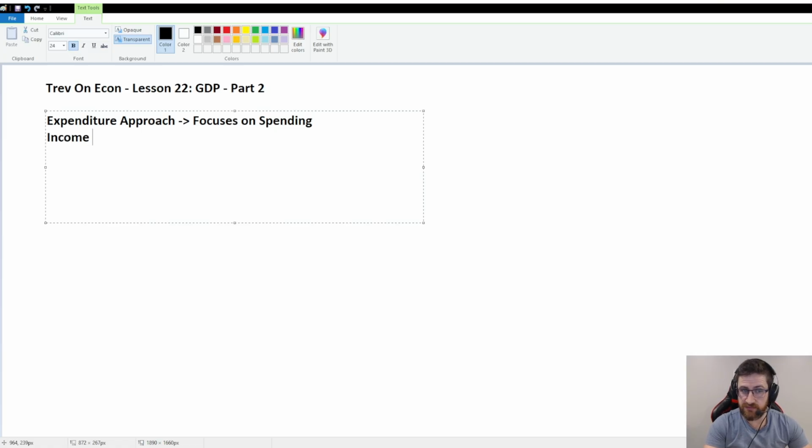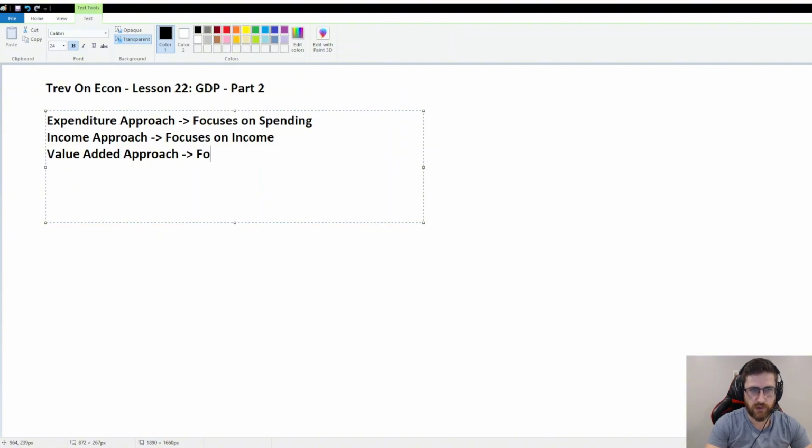There's also the income approach, which the name is kind of obvious, but this focuses on income. So when people spend money, that spending becomes someone else's income in some capacity. So instead of looking at money going out, we're looking at money coming in. And the third one is what we call the value-added approach.